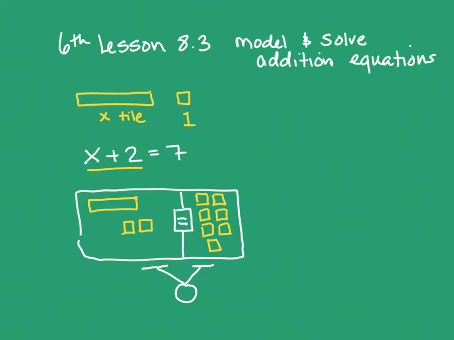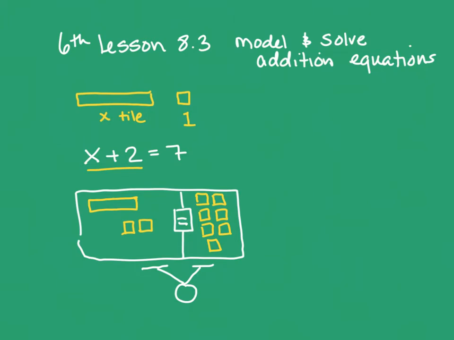Then they say now you can use this to solve it. Bringing back to your memory this balanced scale, your goal is always to isolate the variable x by himself on his side of the equation. This is his side of the equation, and he wants to be alone by himself. He doesn't want anybody else in his little area. So we've got to take these 2 off.